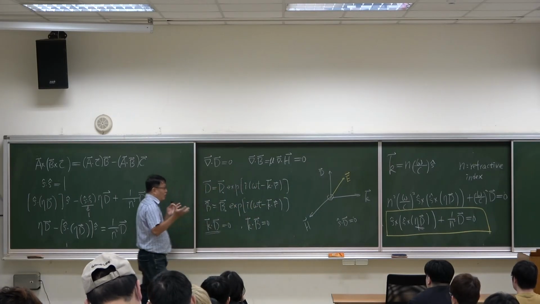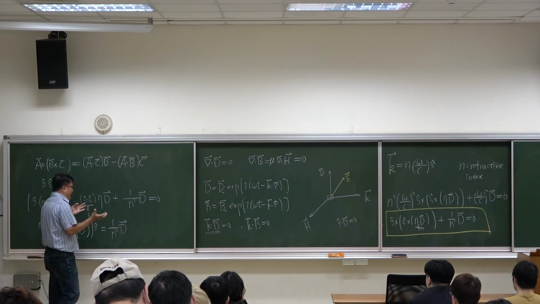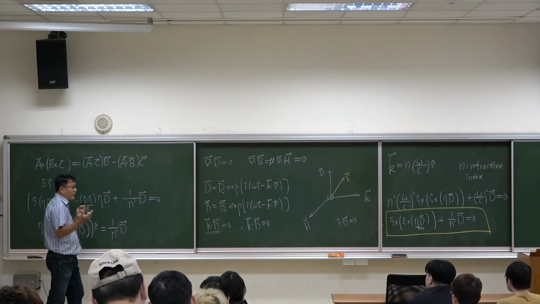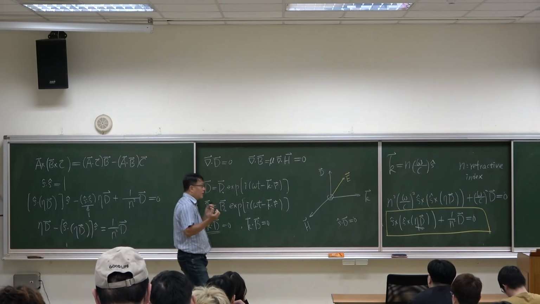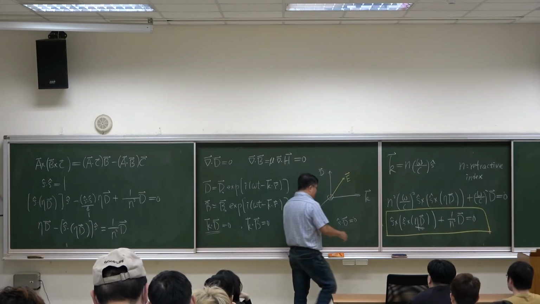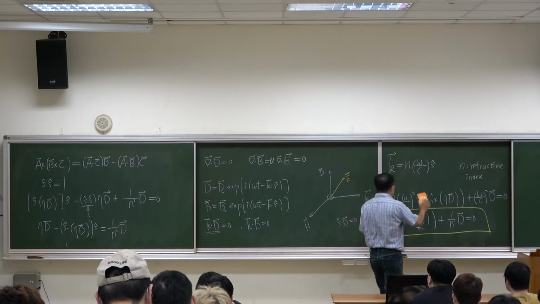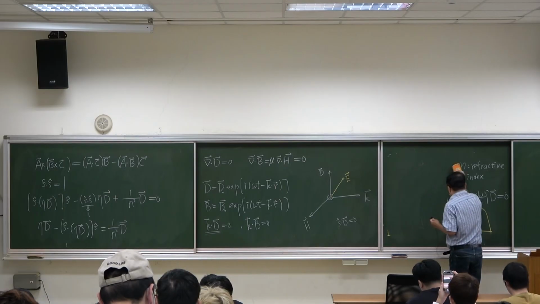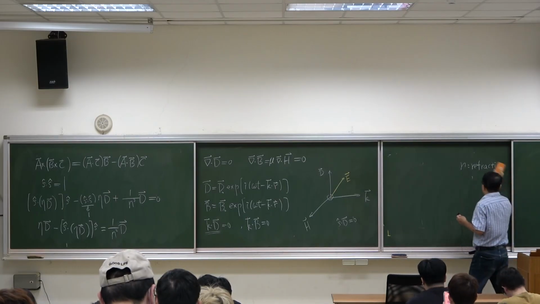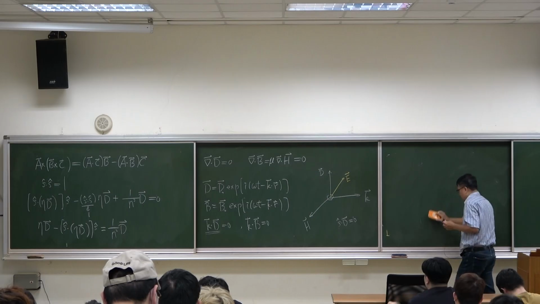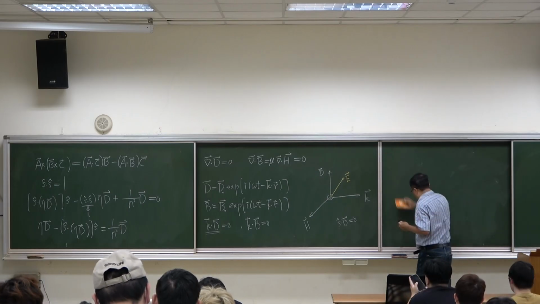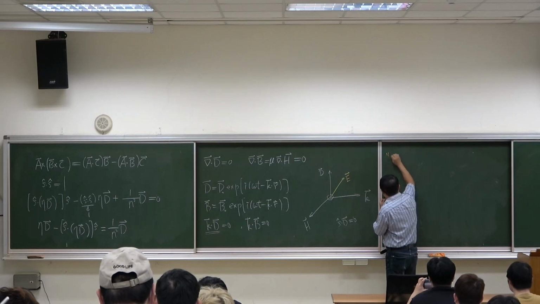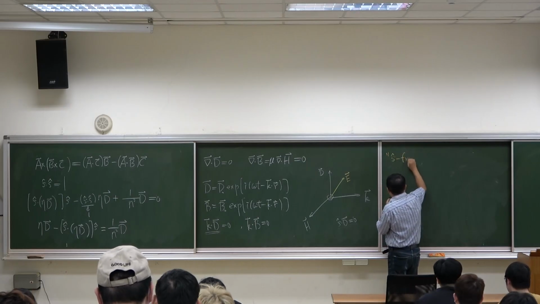Then in this new coordinate system, the D vector will have only the X component and Y component without the third component. Okay, so this means that we can choose a new coordinate system. Suppose I call it S prime.